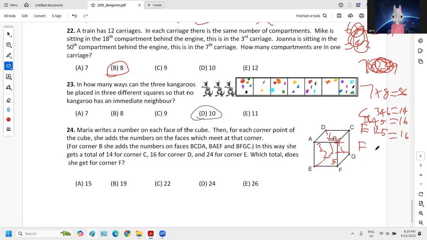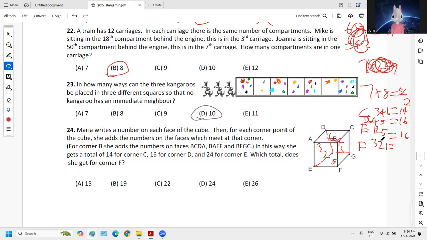And then F, which we're going to get later, is 3, 2, and 1. It equals something. And now, right here, these two both have 4 and 6. So then 16 minus 5 equals 4 plus 6. And right here, 16 minus 4 equals 2. So 5 equals 2, because these two are not included.